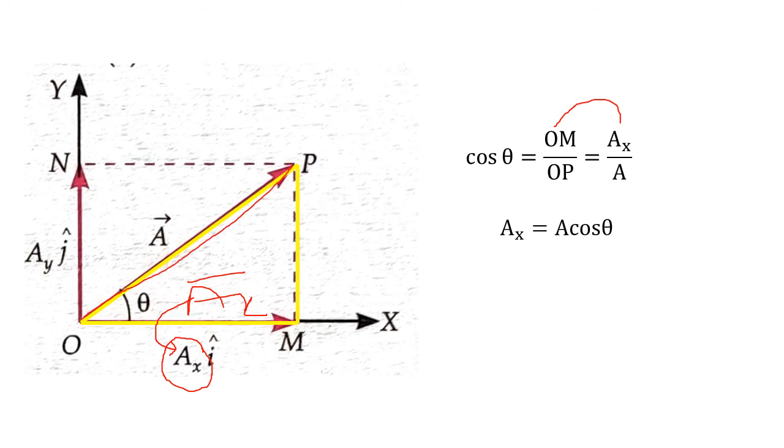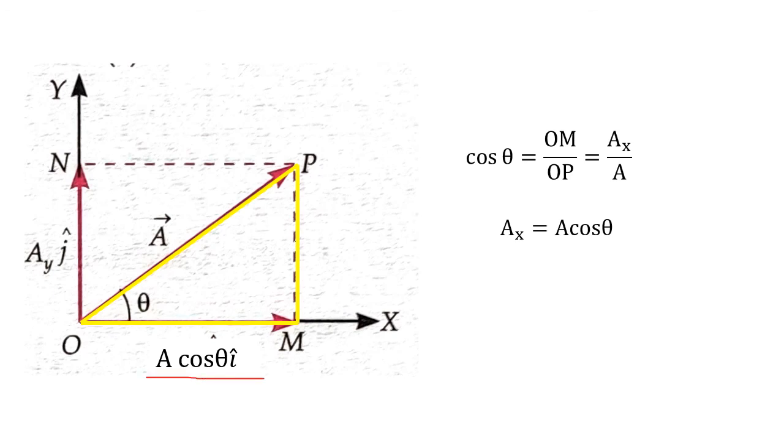The magnitude of vector A will be simply A, so OP equals A. Sending this to the other side, AX equals A cos theta. Therefore, instead of writing AX i cap, I can write A cos theta i cap.